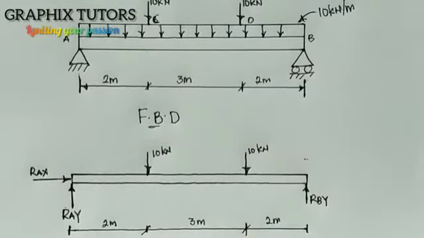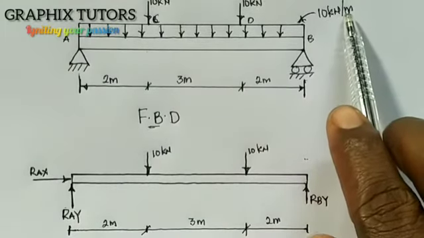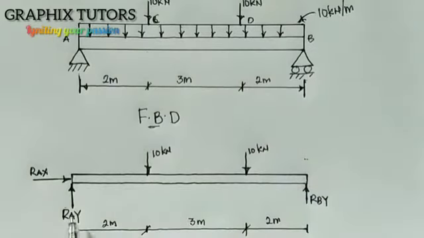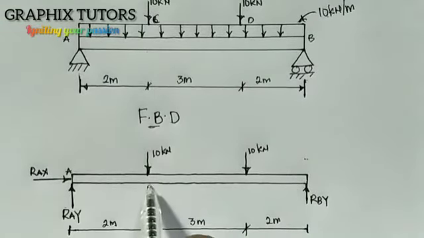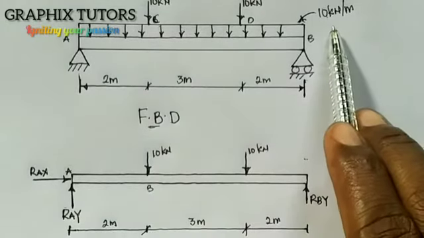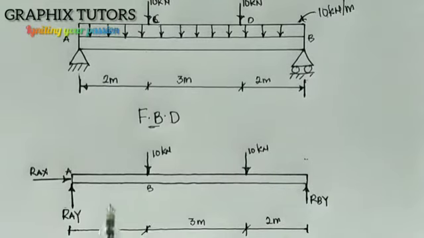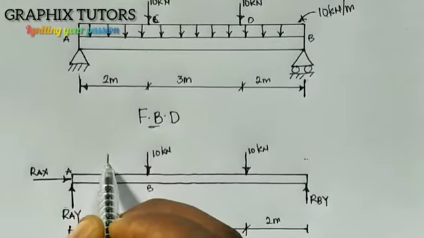Now we said for the UDL, we want to convert it to a point load, so it will be easier for us to analyze. It says every 1 meter is 10 kilonewton. So from point A to point B is 2 meters. So it means 2 times 10, that is 20. But the 20 will not be acting at the middle of what? Of 2.